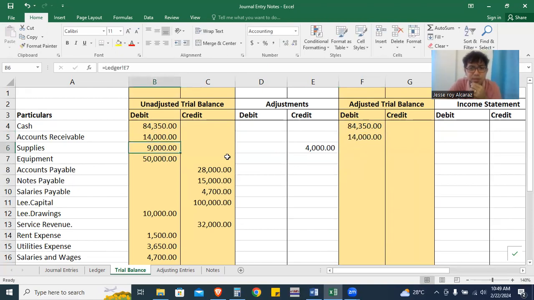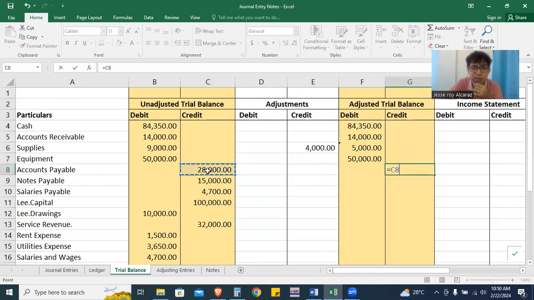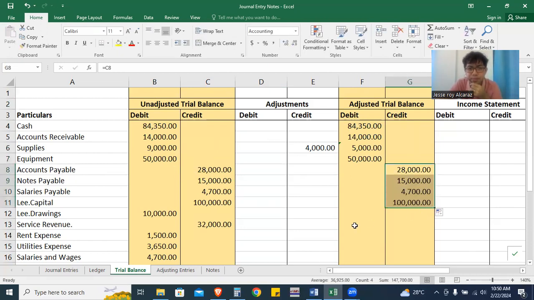Supplies, so 9,000 debit, 4,000 credit, then the remaining 5,000. Equipment, this is now. Accounts payable, take note, accounts payable is credit. Therefore, when it gets to the adjusted trial balance, it should also be credited.